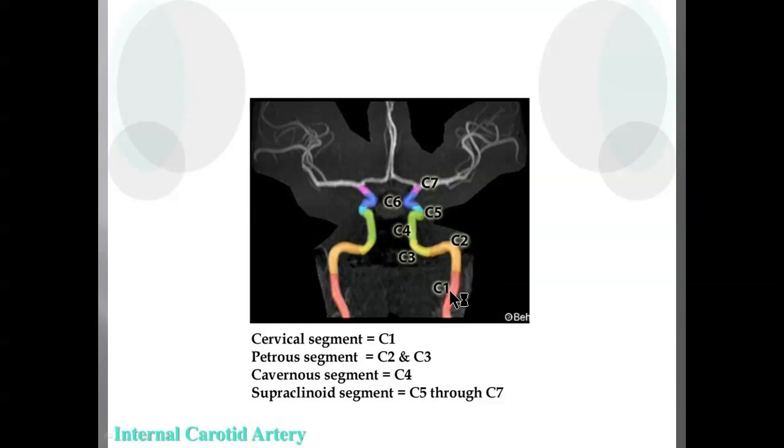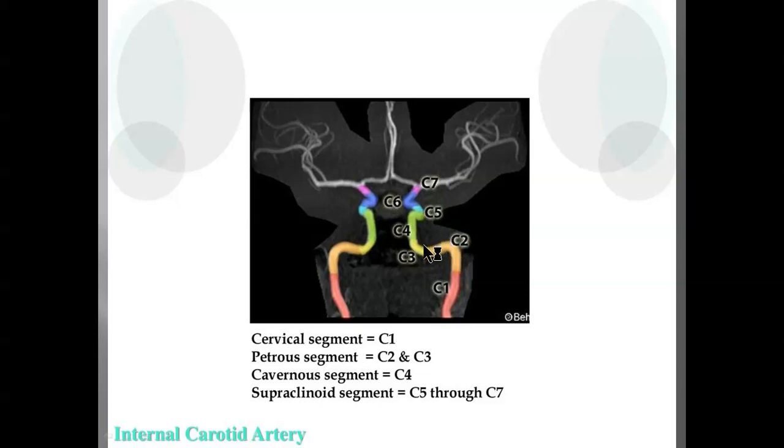Again, another image. Here we have the cervical part going from your neck area, from the bifurcation till it hasn't entered the skull base, hasn't entered the skull yet. Then we have the petrous part over here, C2, going through carotid canal inside the petrous part of the temporal bone.